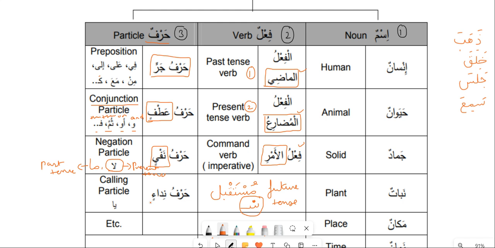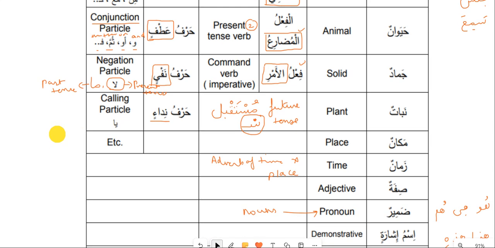Harf nida. Nida means calling, the particle with which you call. So there is a manner of calling in Arabic. If you want to call anybody in Arabic, you don't call by name, you say Ya Muhammad, Ya Ahmad, Ya Suda.